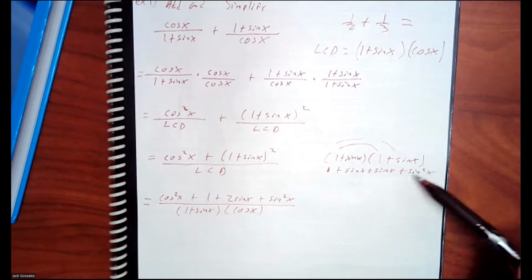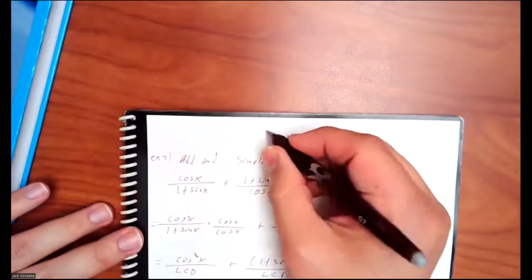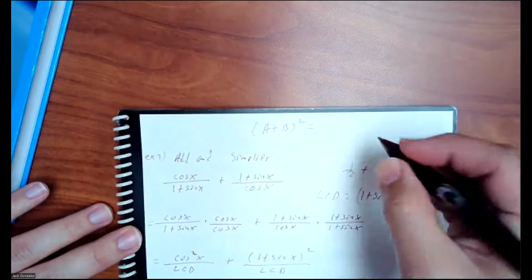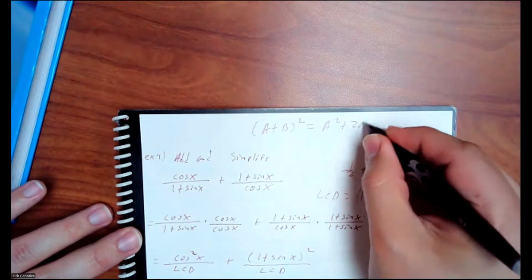I use the formula to skip this because it's annoying. But if you don't remember the formula, you can always multiply it out if you want to. I'm not going to stop you from doing more work. It's up to you. I recommend the formula. The formula that I use is this guy. Because math people are all about working less, not more.